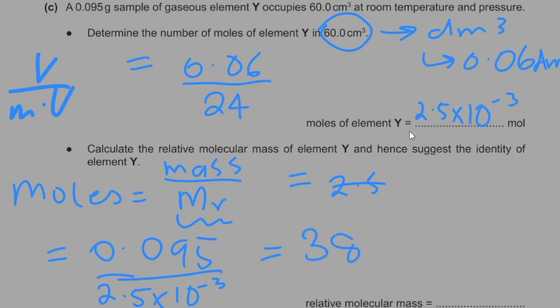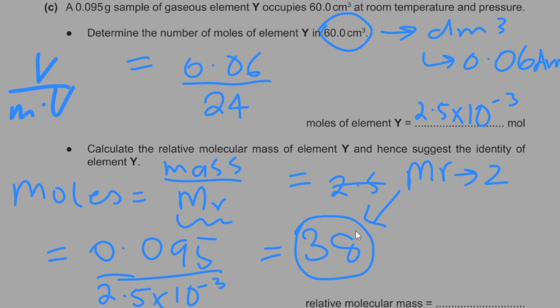Now we're supposed to be identifying the element Y. Now keep in mind over here that this is not relative atomic mass. This is molecular mass of a single element, which means this element is a diatomic molecule, because this is a gaseous element, and a gaseous element alone itself exists as a diatomic molecule.